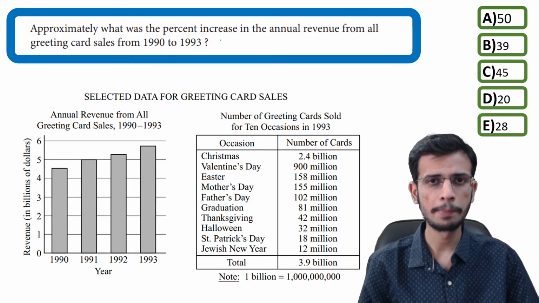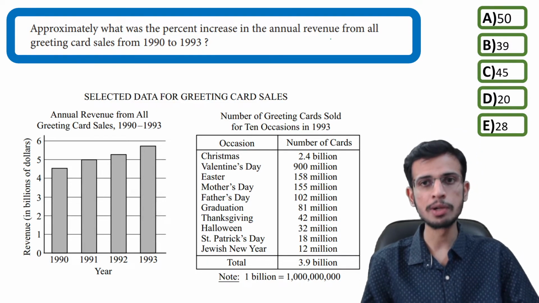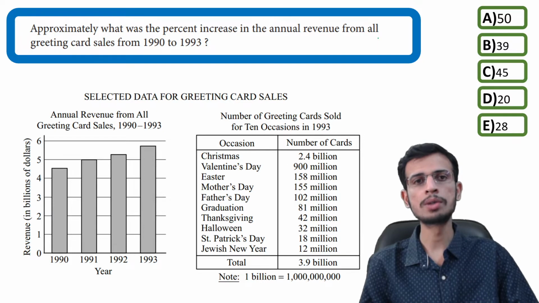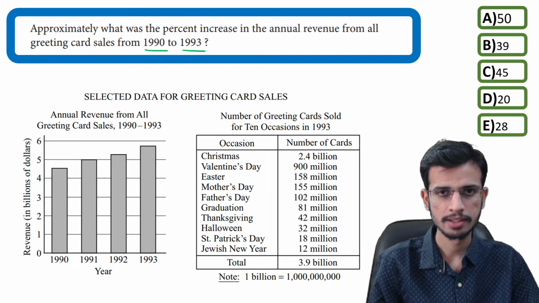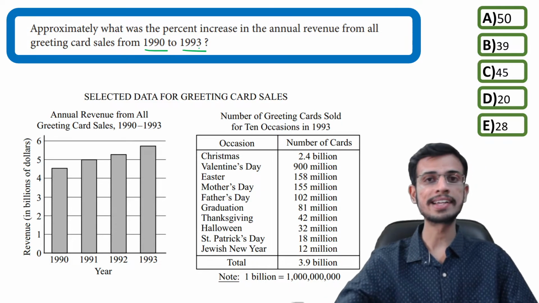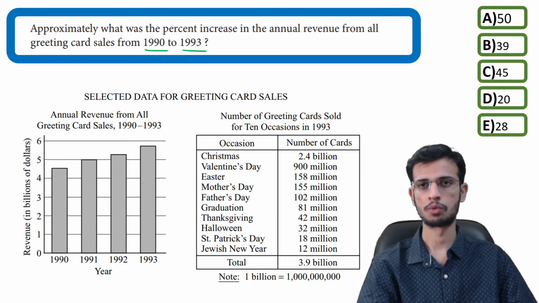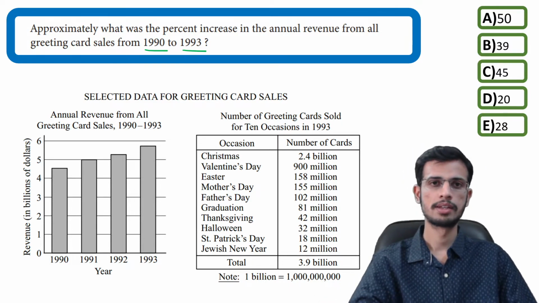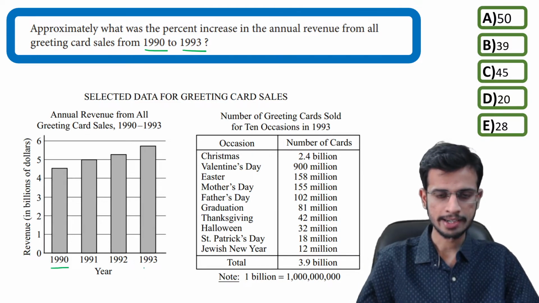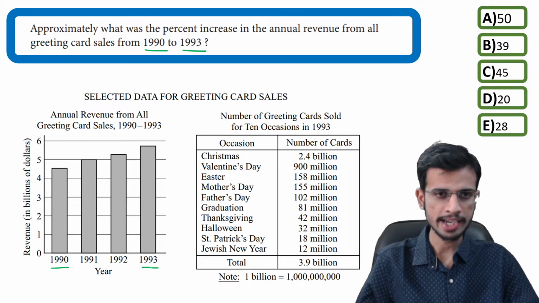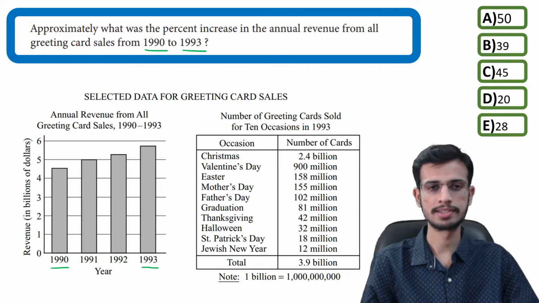Approximately what was the percent increase in the annual revenue from all greeting card sales from 1990 to 1993? What is the percentage increment in annual revenue from all greeting cards? For 1990 and 1993, data is given to us in billions of dollars.